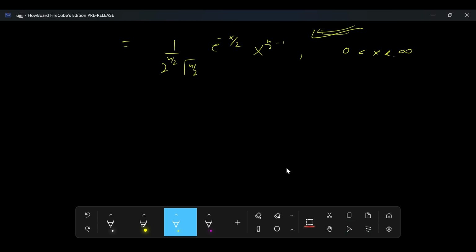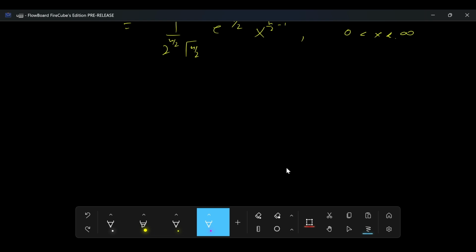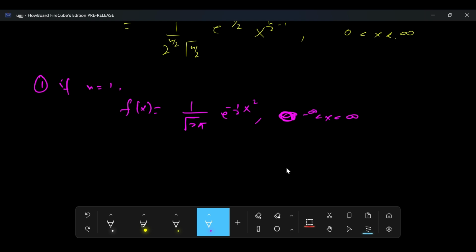Now, as you know the PDF of chi square n, if n is equal to 1, we get f of x equal to 1 by under root 2 pi, e raised to the power minus x square upon 2. So this is the PDF of normal distribution with mean 0 and variance 1.